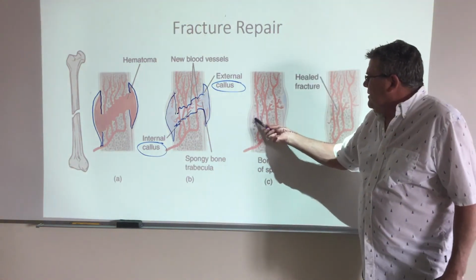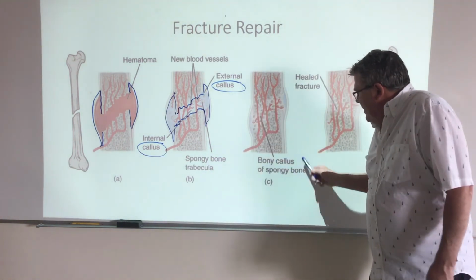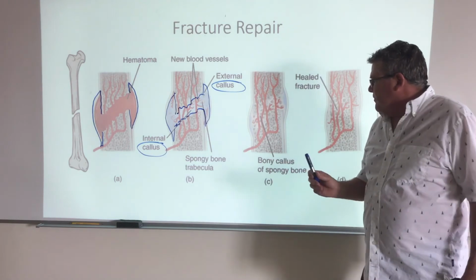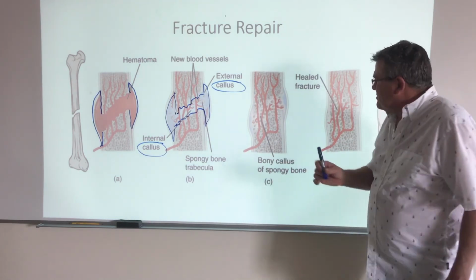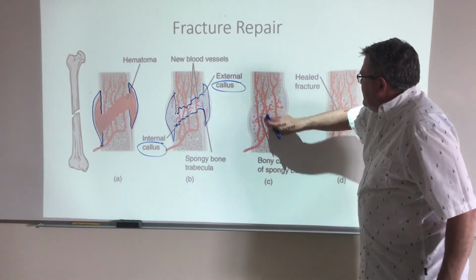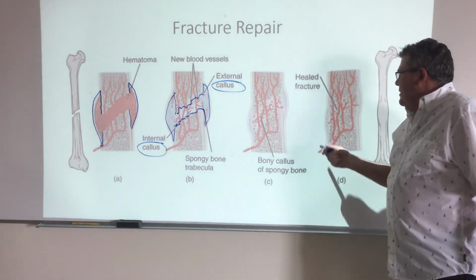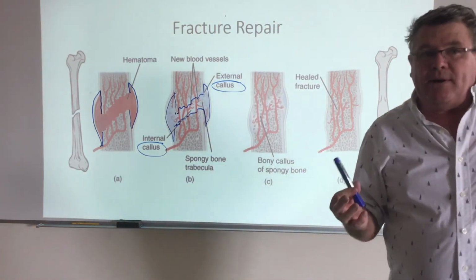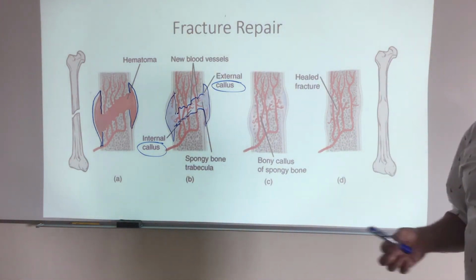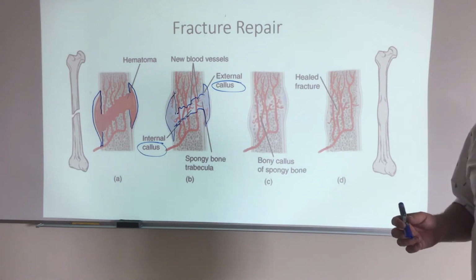So what you see over here now is the bony callus of spongy bone. So now we start to have this nice spongy bone in here, and then that is all going to be remodeled into the appropriate amount of spongy and the appropriate amount of compact bone.